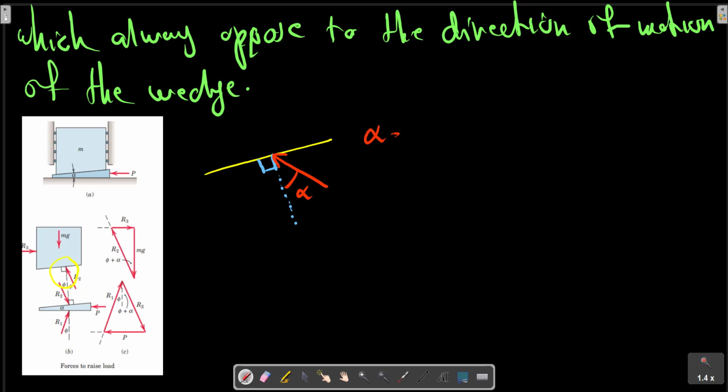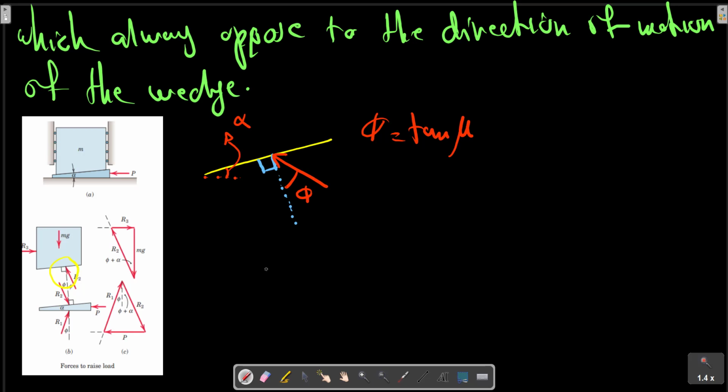Alpha is tangent mu, and theta, let me show with phi. Phi and alpha are here.